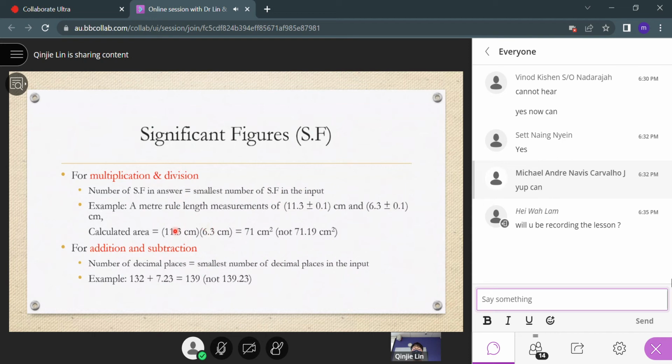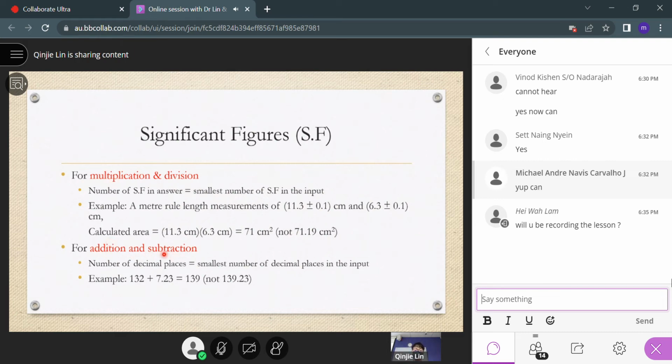So what is the SF for the answer? We follow the smallest number of SF in the input. This one has 3 significant figures, this one has 2. So the final answer will have 2 and not anything else. That's for when you multiply and divide.